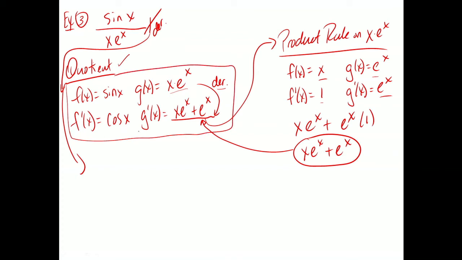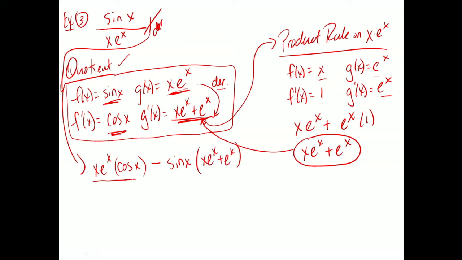I'd get the bottom, g, times the derivative of the top, times cosine, minus the top, that's sine, times the derivative of the bottom, which is this whole thing. And don't forget, that's all divided by the bottom, which is g squared.